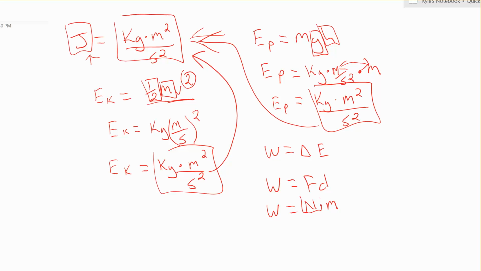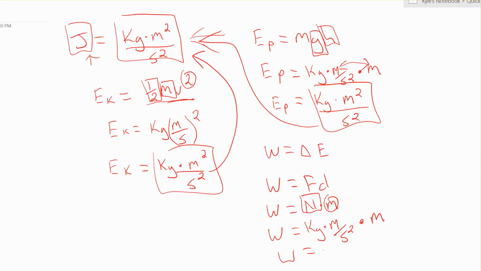What if we look closer at this newton? What if we break that down to its SI units, its lowest units? A newton is a kilogram times meters per second squared. And then I'll multiply by my meters again. And then look at that.